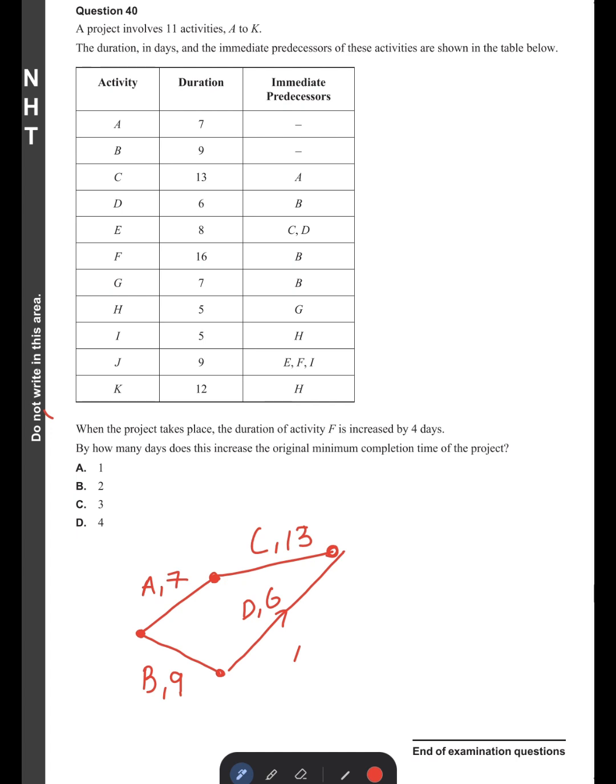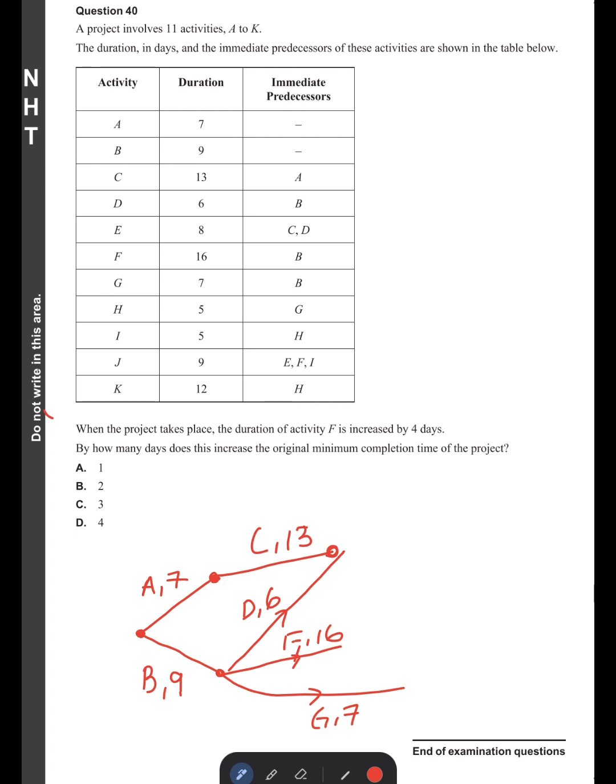Okay, also coming off B, I have F, which is 16. And I have G, which is 7.